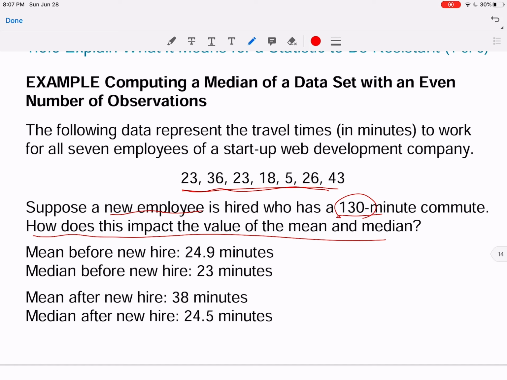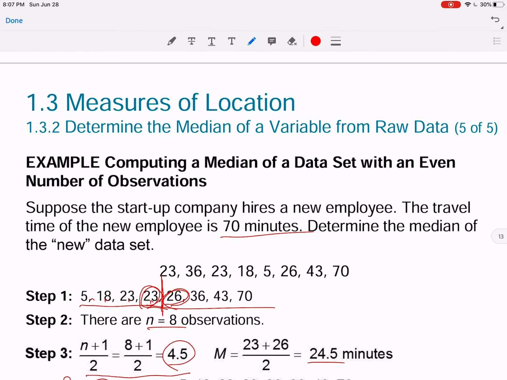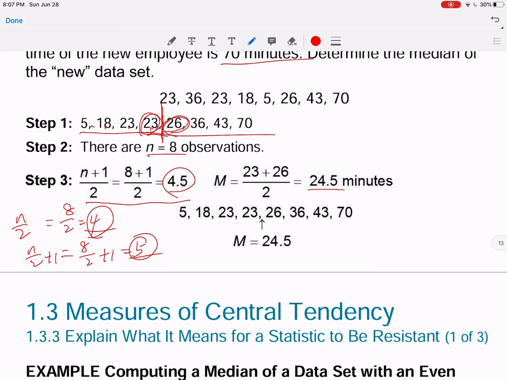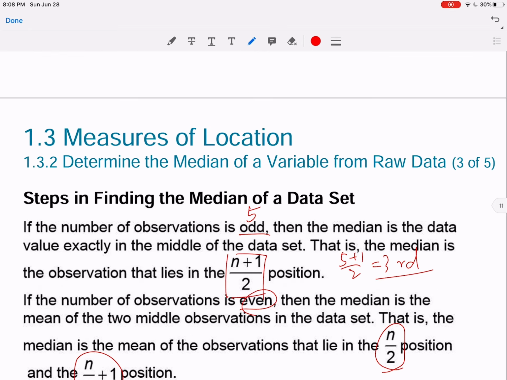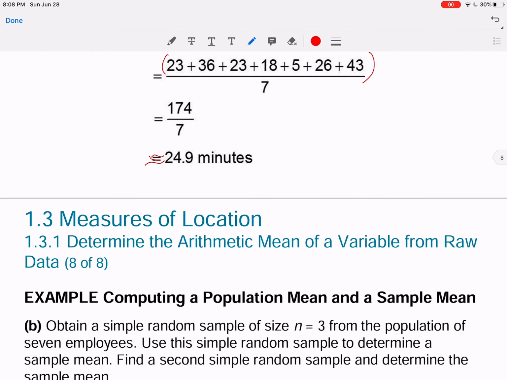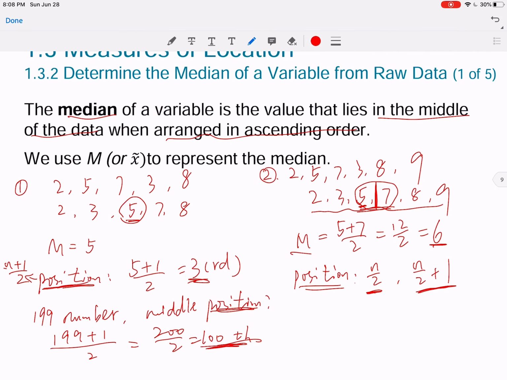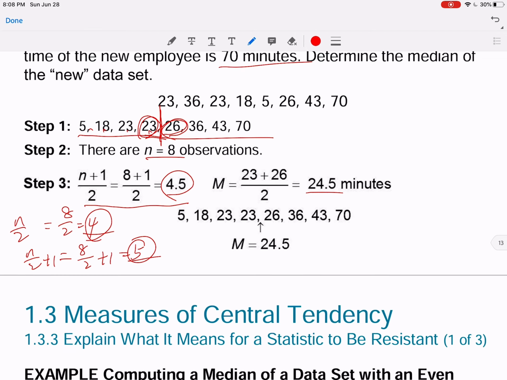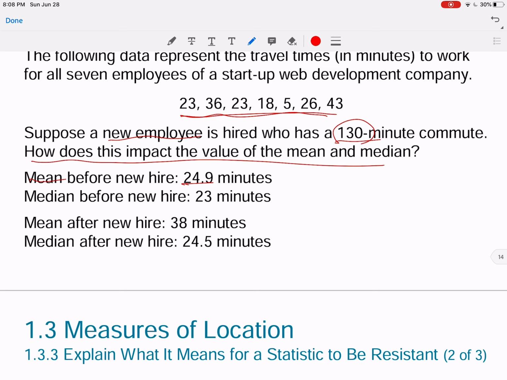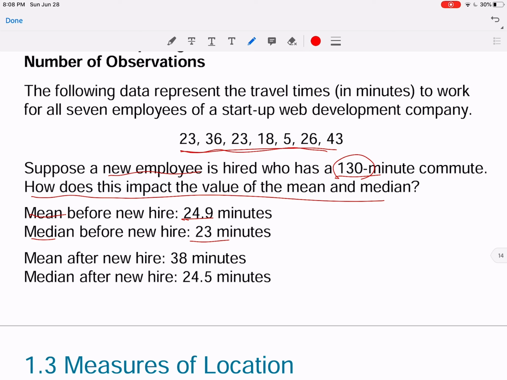Based on what we went over before, we know that the mean before the new hire is 24.9, that's the same thing. And the median before the new hire is 23. We just went over that.